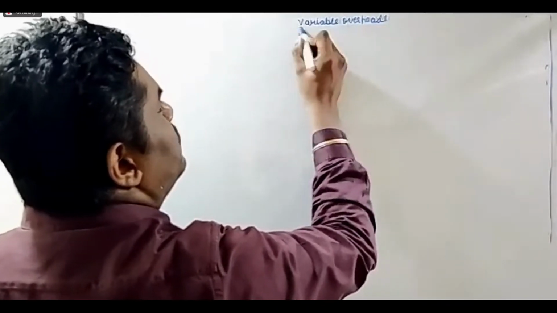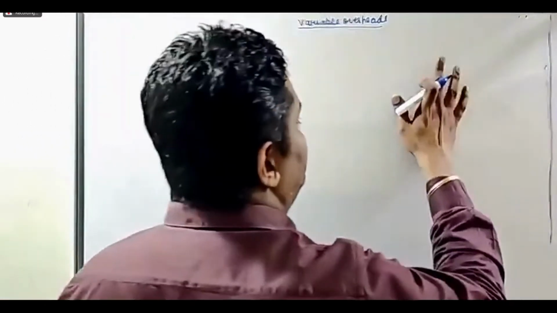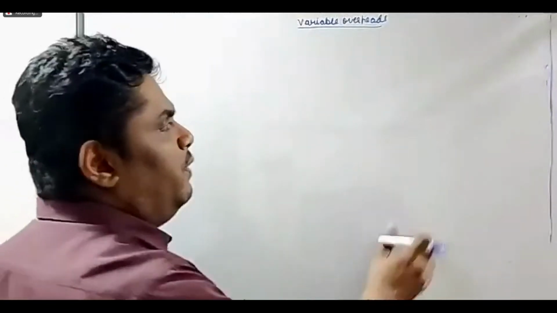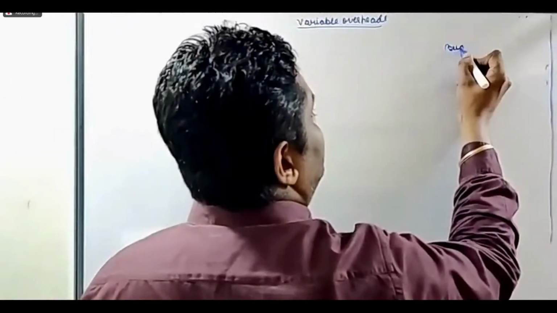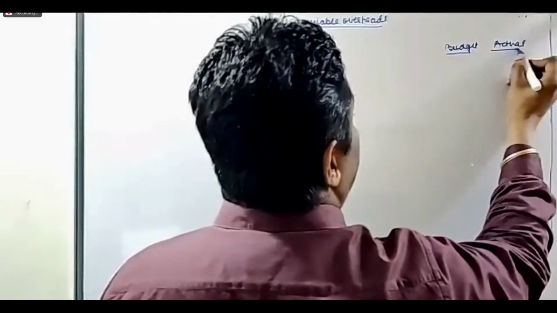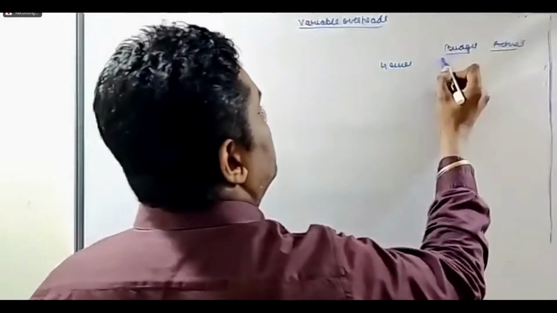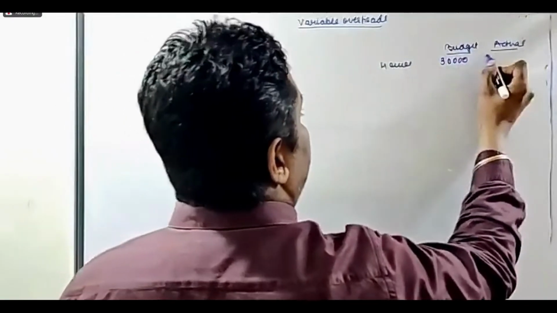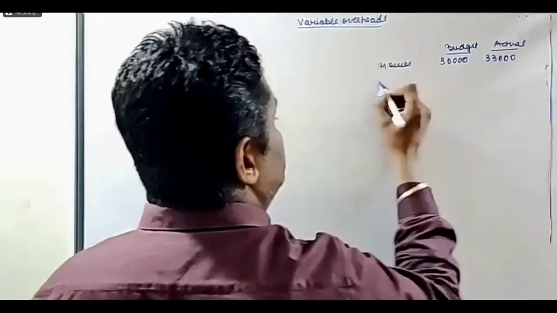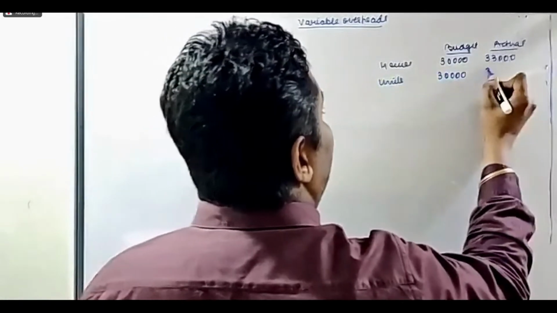So now we are moving towards the last part of the chapter, that is, we will be investigating the variable overhead department. When talking about variable overheads, three figures are important. Again, you have to convert the question into a tabular form, with budget and actual. Hours are important: budgeted hours are 30,000, actual hours are 33,000. Units are important, 30,000 and 32,500.